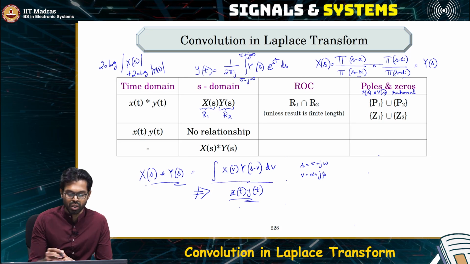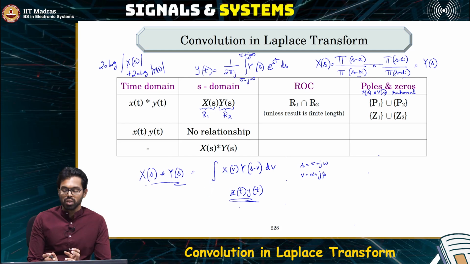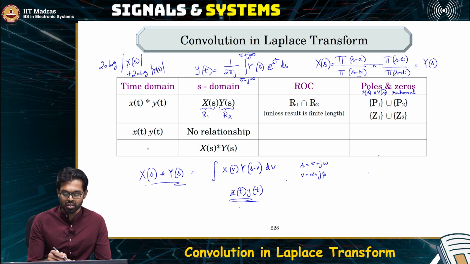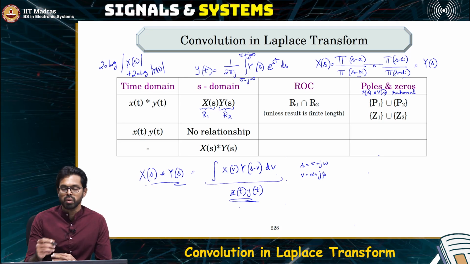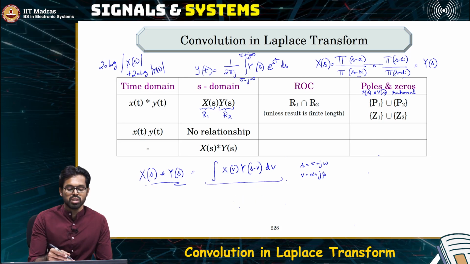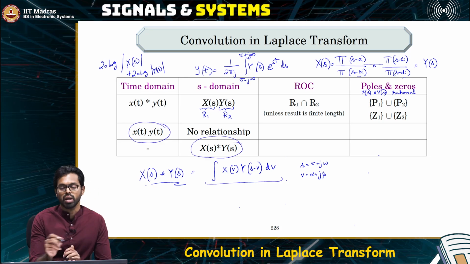Basically, you'll have to integrate it over a contour in the two dimensions. This is not equivalent to computing the product in the time domain and taking the Laplace transform, because that is a one-dimensional operation, whereas in the S domain we are doing a two-dimensional convolution operation. So there is no relationship when we have a product in time domain or when there is a convolution in the S domain. They are not related.